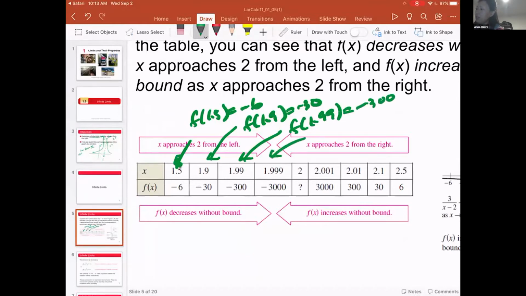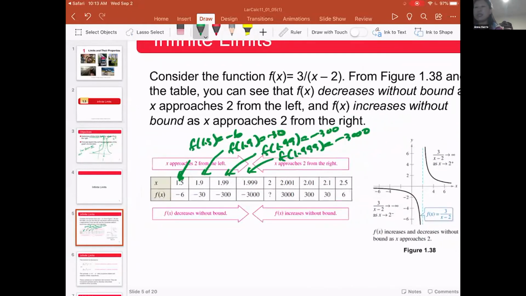What's going on here? f of 1.999 gives me -3,000. Just looking at it numerically, what happened? It keeps increasing, doesn't it?